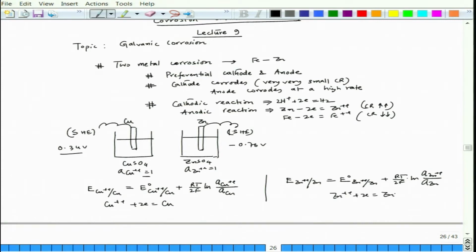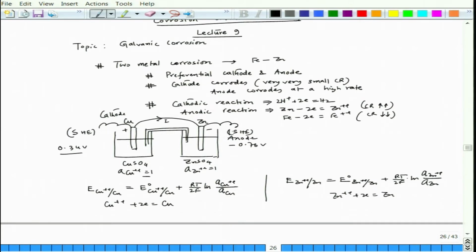Interestingly, if we connect them, and remember there should be a salt bridge to maintain electrical connectivity, and here we connect this with a conductor, then current will flow from this copper into zinc, and this is positive or cathode, and here it is negative or anode.